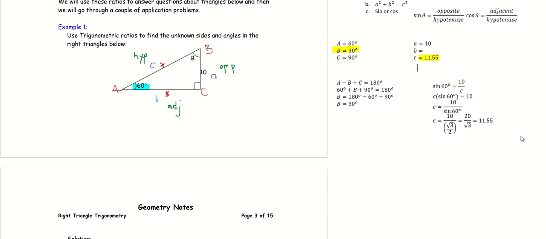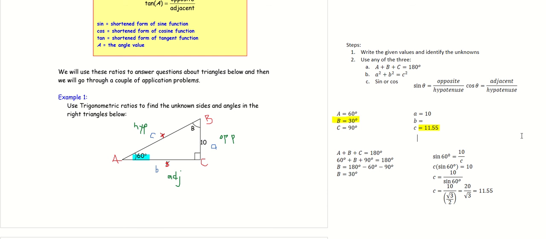Now, last step. Again, let's go back to the three formulas. We've already used the first, and we've used the last. So the third one is the Pythagorean theorem. We can already use this because we already have two given sides. Okay, so using the Pythagorean theorem, we have a squared plus b squared equals c squared. So let's substitute a, which is 10.